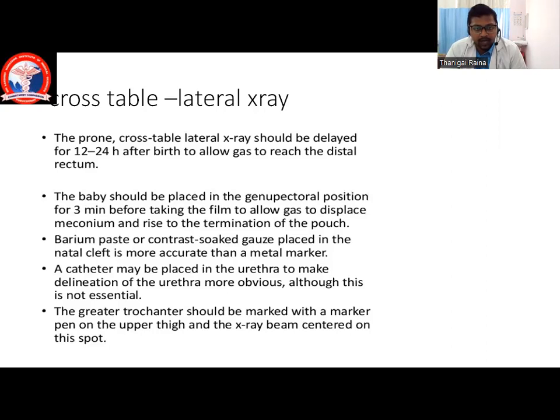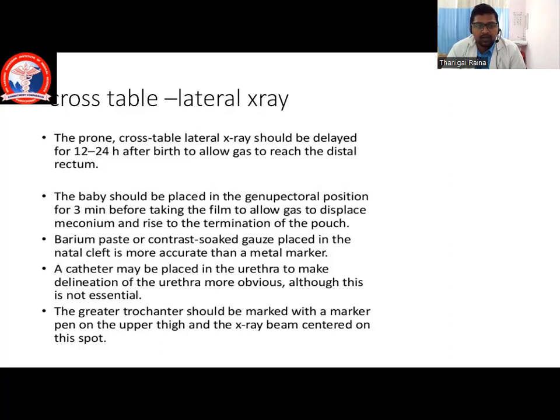Coming to cross table lateral X-ray, the prone cross table lateral X-ray should be delayed for 12 to 24 hours after birth. This allows the gas to reach the distal rectum. The baby should be placed in the genupectoral position for 3 minutes before taking the film to allow gas to displace meconium and reach the termination of the pouch. Barium paste or contrast soaked gauze is placed in the natal cleft.